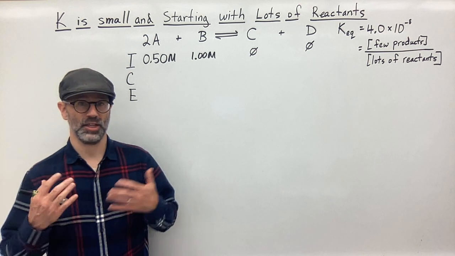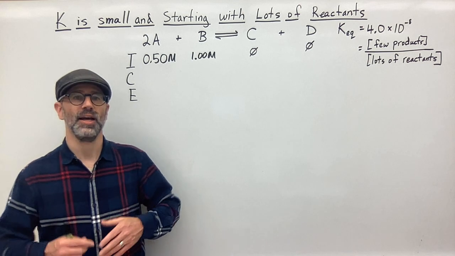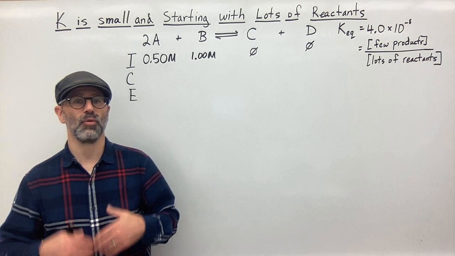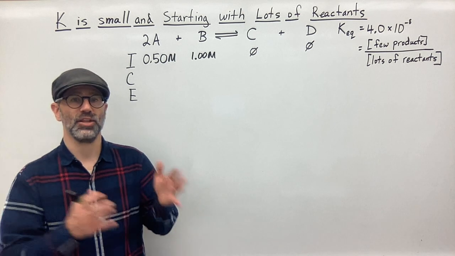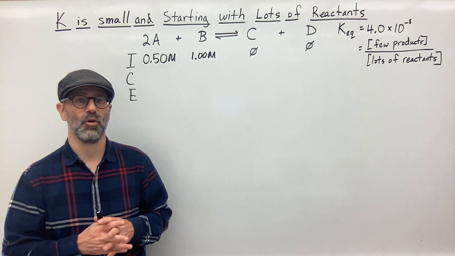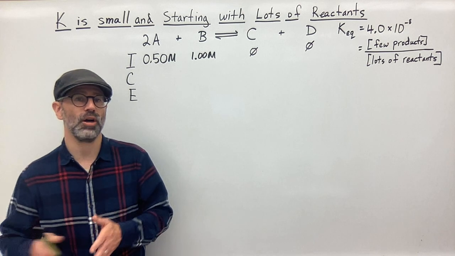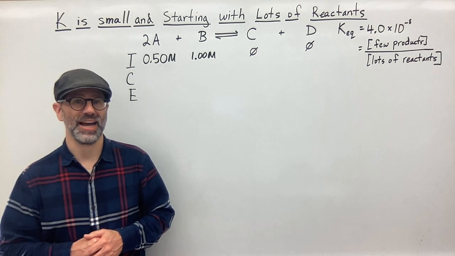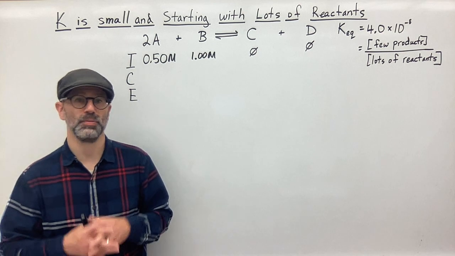But in this video and other videos, I'm going to show you how to determine whether or not you can right away use your ICE table and then use your X is small approximation to neglect X, or if you need to use a stoichiometry table or an ICF table first before doing your ICE table.